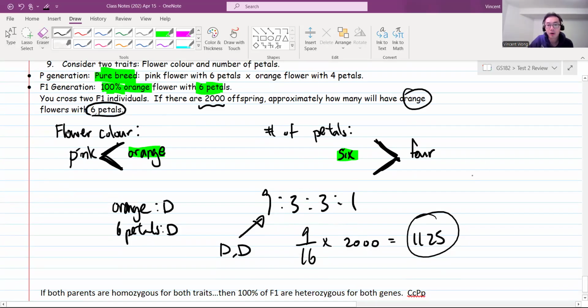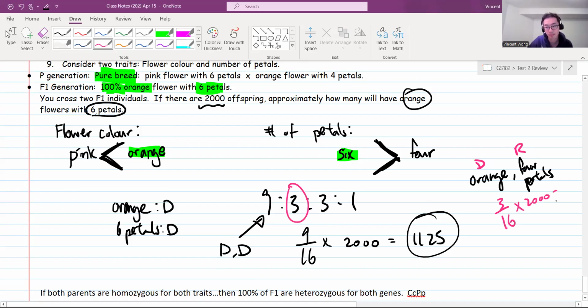If I say orange with 4 petals, because orange is a dominant trait and 4 petals is a recessive trait, then that's 3 out of 16, and then I would multiply by 2,000.